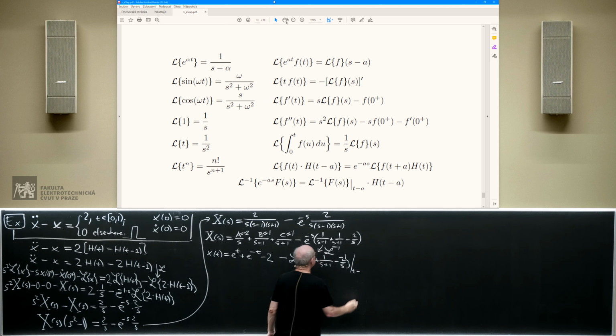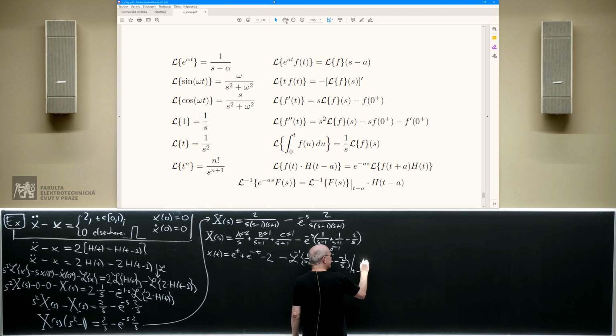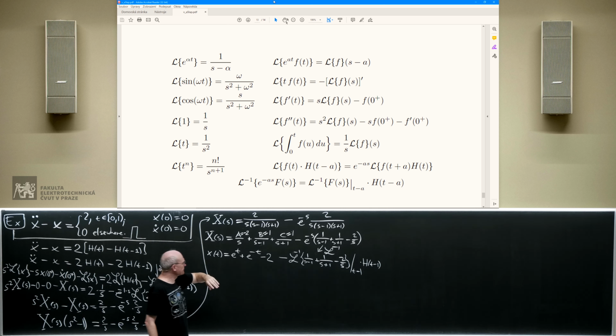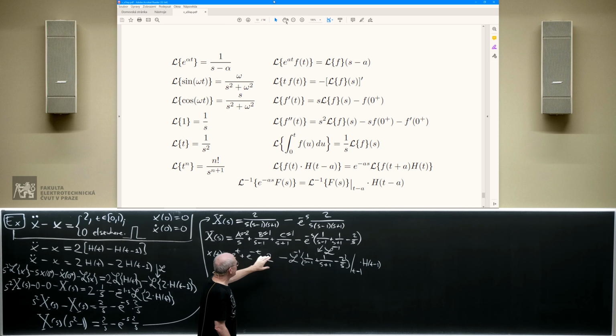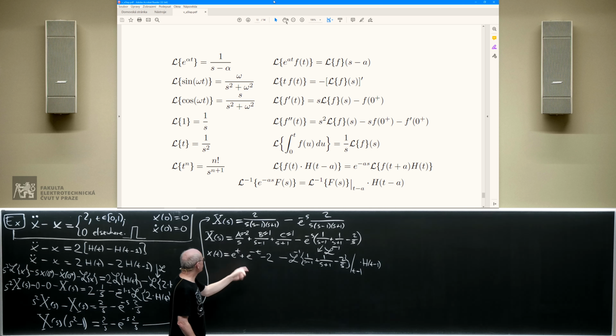Substitute t minus how much? The constant here is 1. t minus 1, and multiplied by a Heaviside function, which is shifted, t minus 1. That's what the very last rule says, and we saw it just a few minutes ago. I know how to do the inverse Laplace transform of this family. I just did it over here.